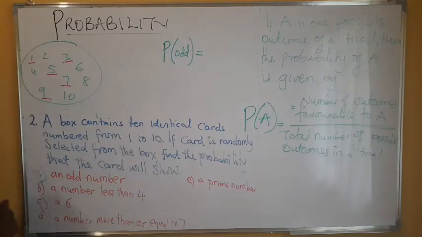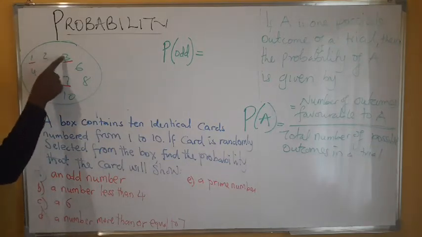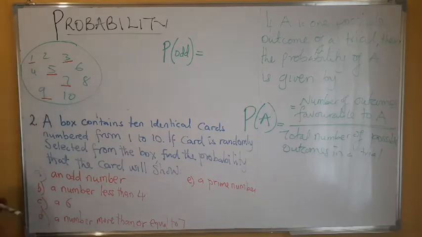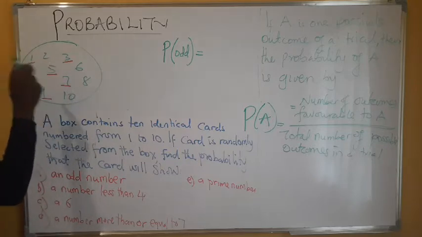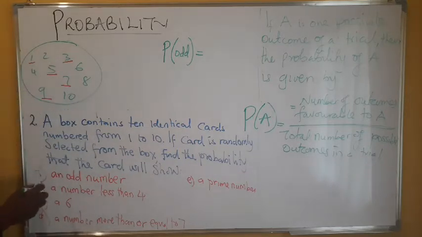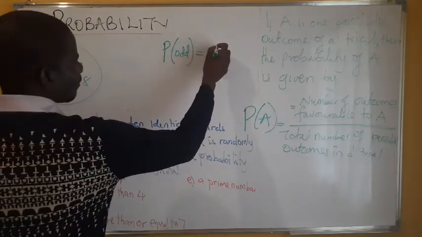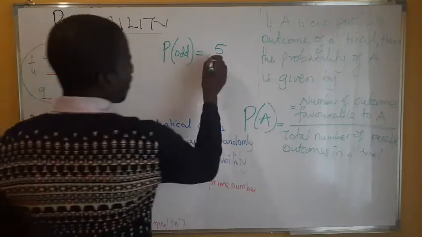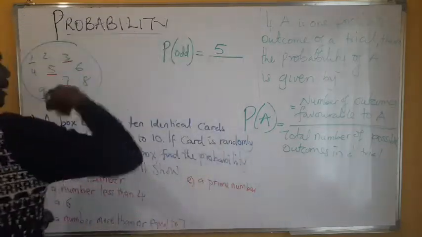We are counting. The odd numbers are 1, 2, 3, 4, 5. So we are going to write this 5. This 5 tells us that there are 5 odd numbers in the box.